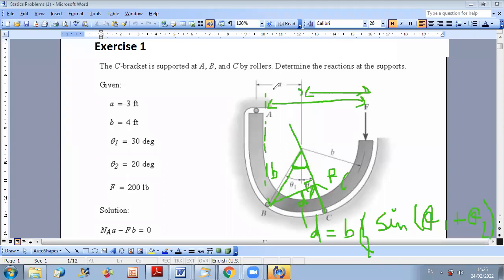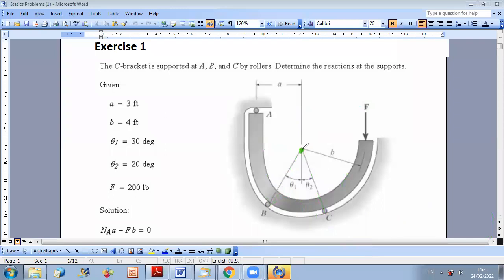So you can see the selection of the point is very critical. If you can select a very simple point like O, the sum of moments will be quite simple. However, for other points, you might need to find distances and use geometry. So always try to select the point that is the easiest to take sum of moments about.